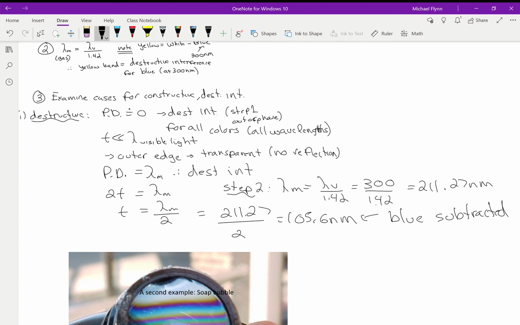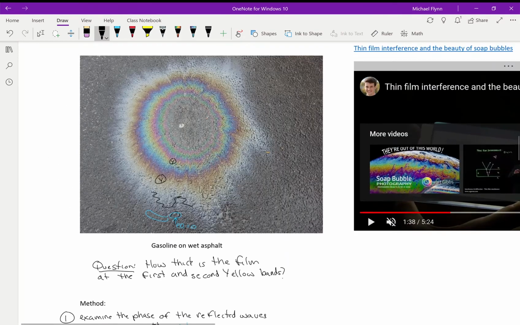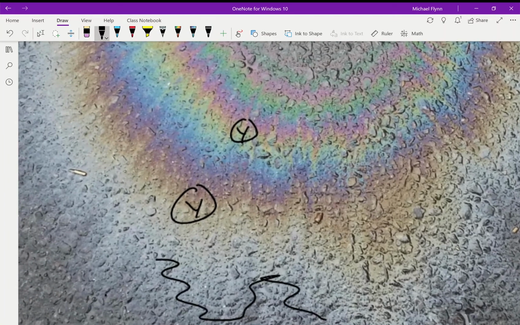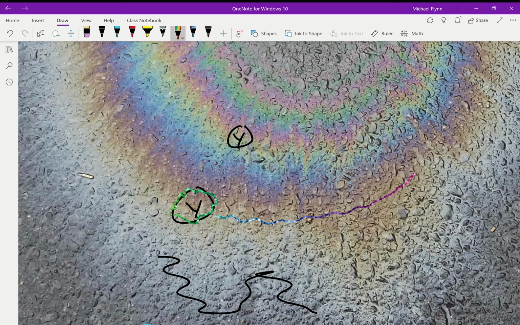So what we just did is we figured out, when you're looking at this oil film, where this first yellow band is that I've marked here with a yellow, right there. You can see it all around here, this yellow band. That first yellow band, we see a little bit of white.